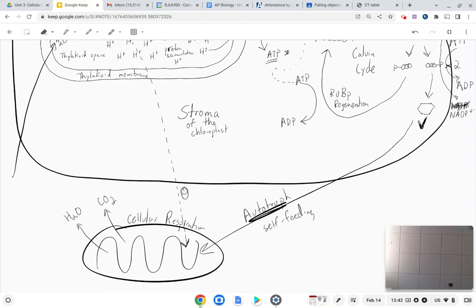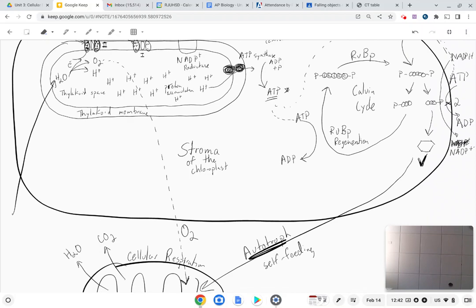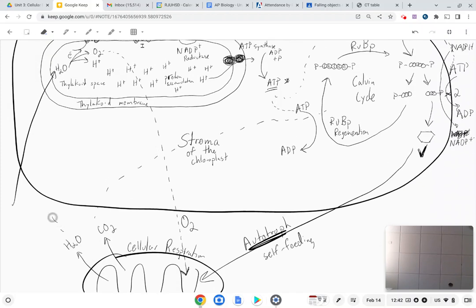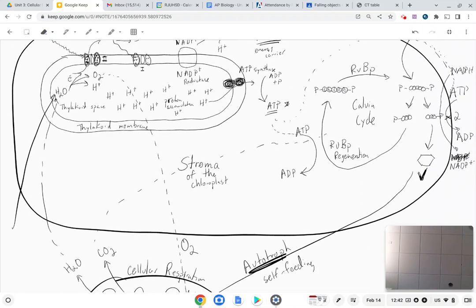Got your oxygen molecule coming in. And then this CO2 will feed the Calvin cycle because we know that that's an input there. And then we also know that water is an input here. And so you see the complementarity, you see the cycling.